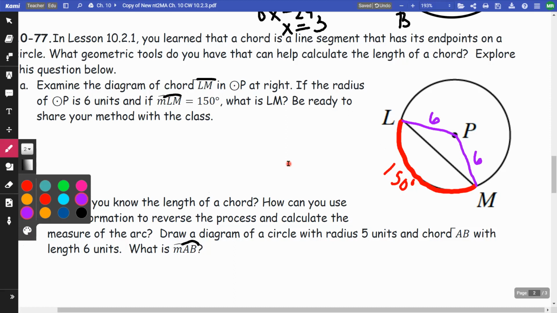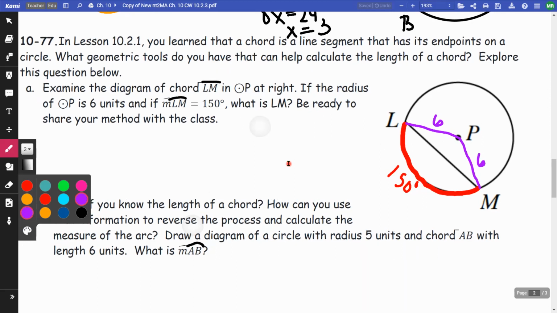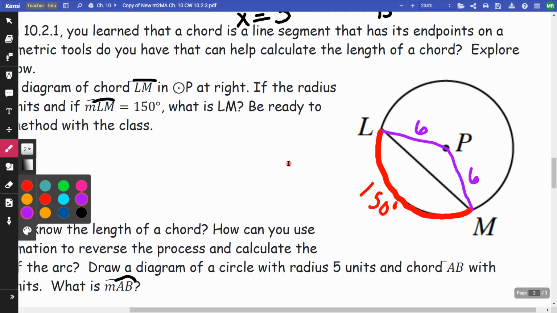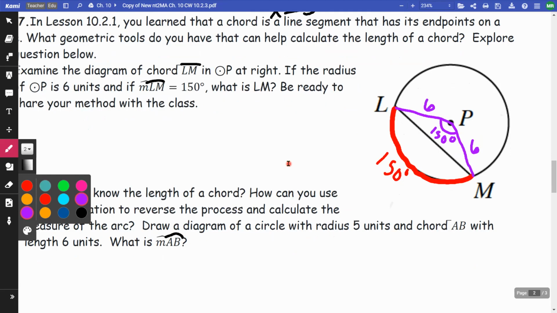I also know that in this situation, that angle I just formed at P is a central angle. And so that central angle here has to also be 150 degrees.